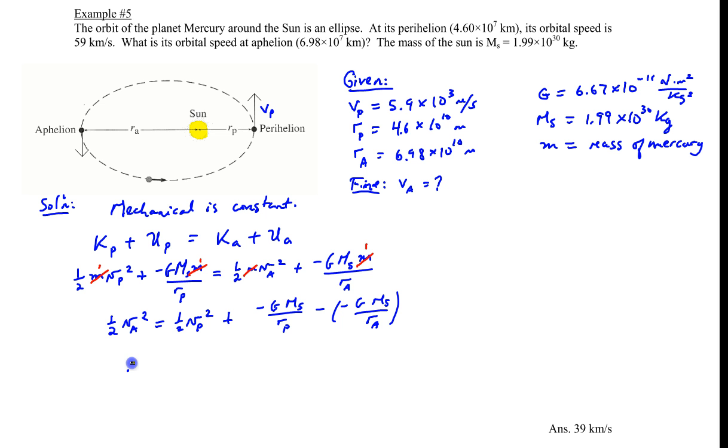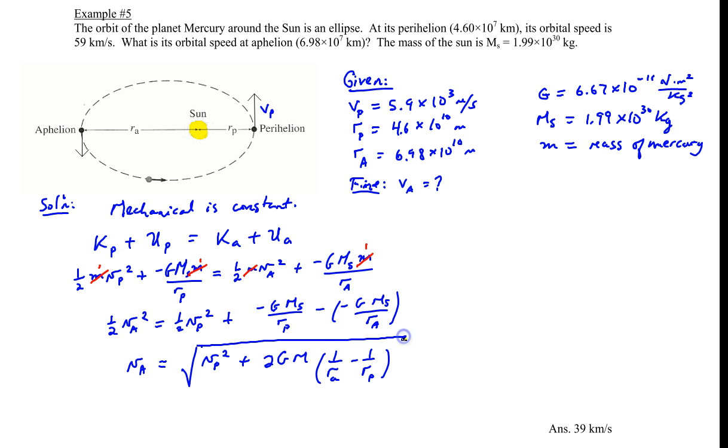If you rearrange the expression, you will get the following: v at aphelion is the square root of the velocity at perihelion squared plus 2GM times the quantity 1 over r_a minus 1 over r_p.